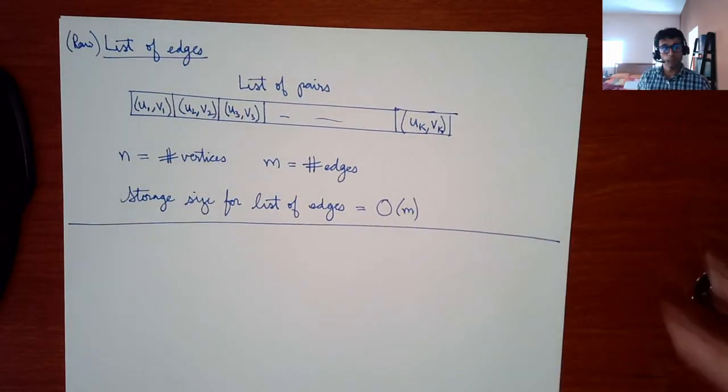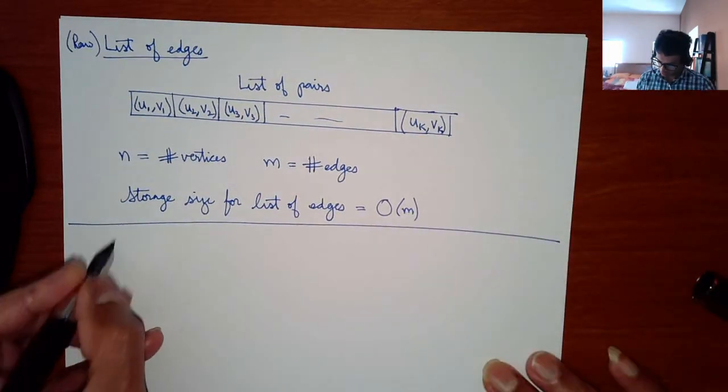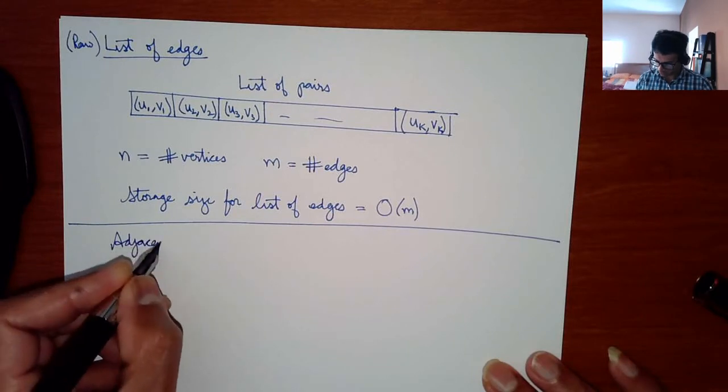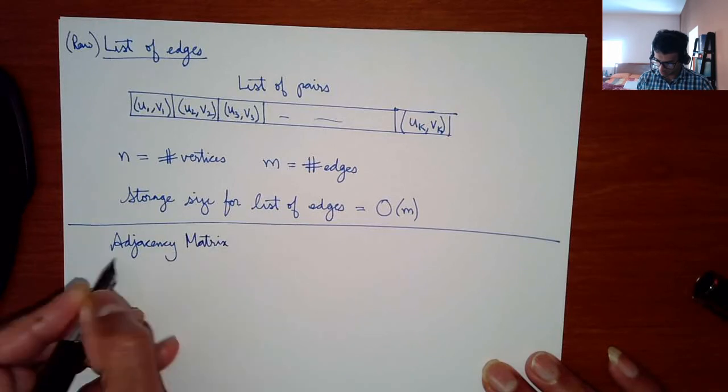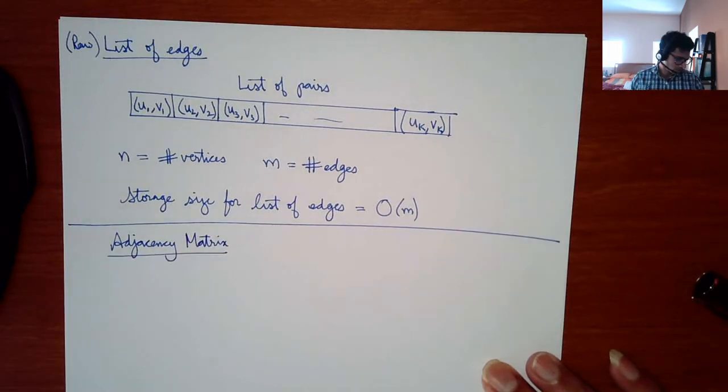Now let's look at a fancier method to store things, which you may have heard of, which is the adjacency matrix. So what is the adjacency matrix?